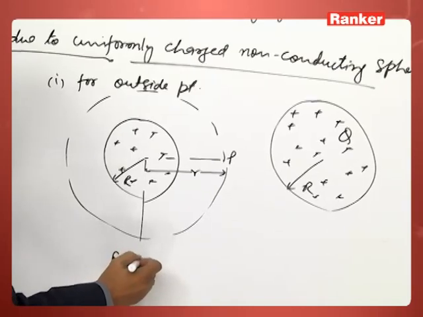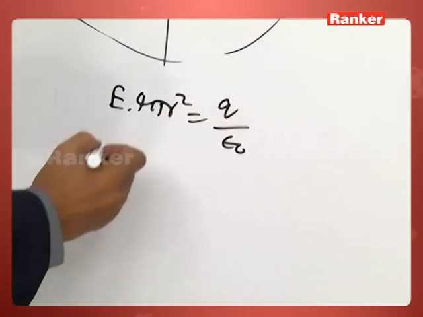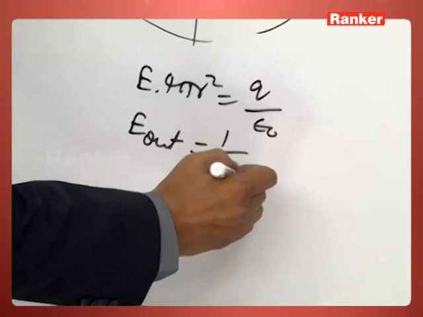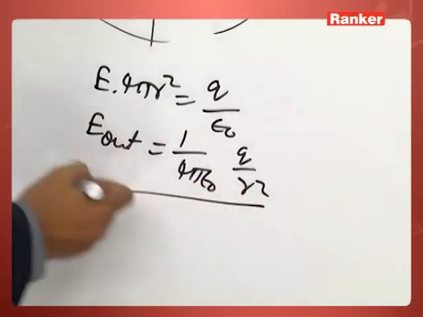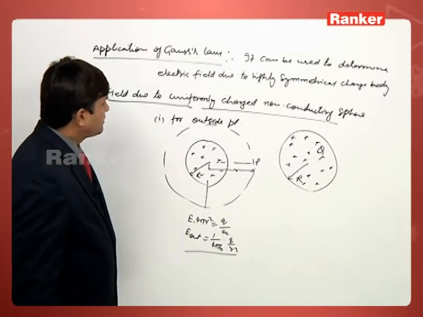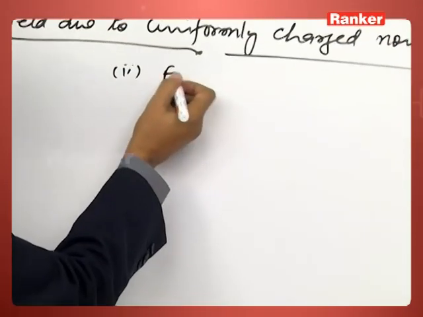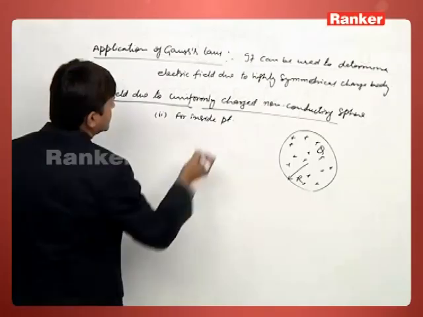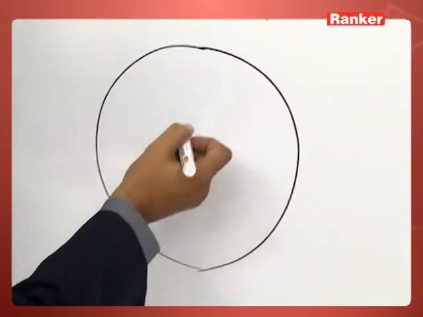So, E into 4 pi r square will be q enclosed by epsilon naught. So, E outside is 1 by 4 pi epsilon naught q by r square. So, this is for the outside point. Now, if we want to find it for the inside point, see, second case, for inside point, we have to make a Gaussian surface like this.